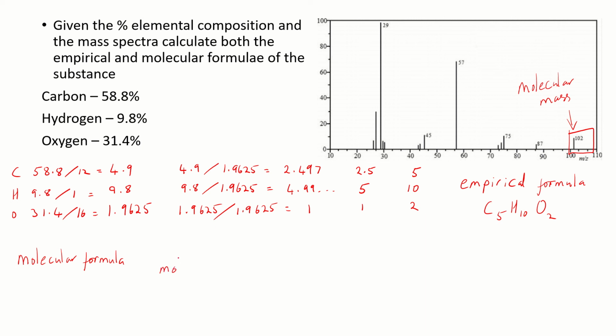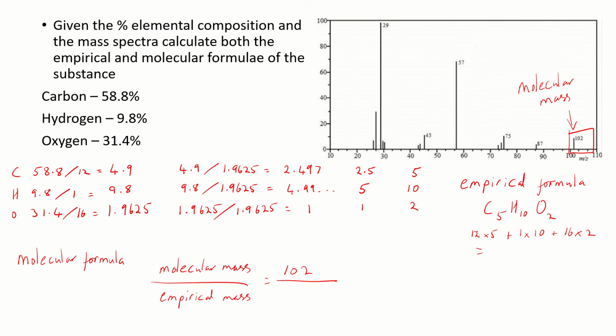And what we do is the molecular mass divided by the empirical mass. 102 there. Working this out, we've got 12 times 5, because carbon is 12, 5 of them, plus 1 times 10 from the 10 hydrogens, plus 16 for the oxygen times 2 of them.